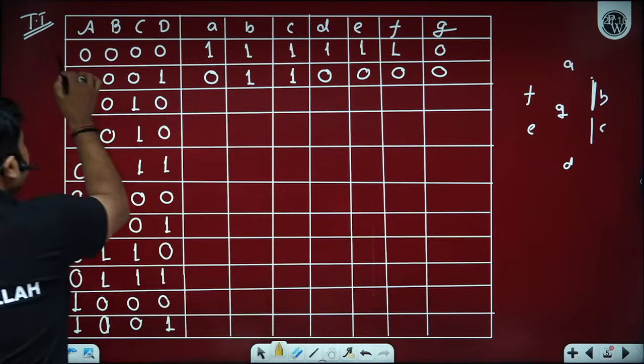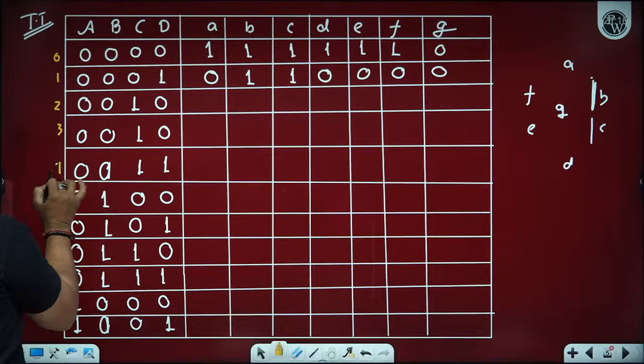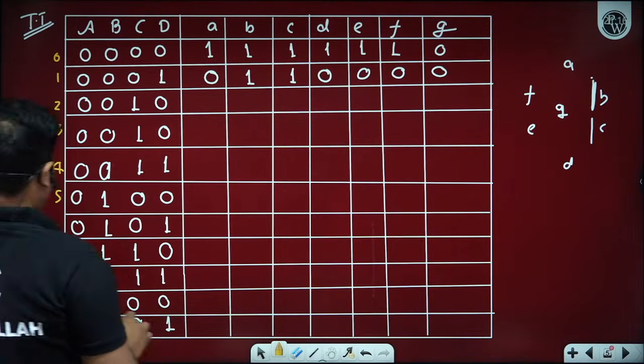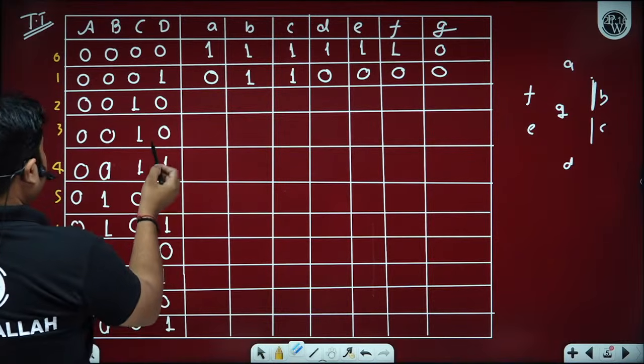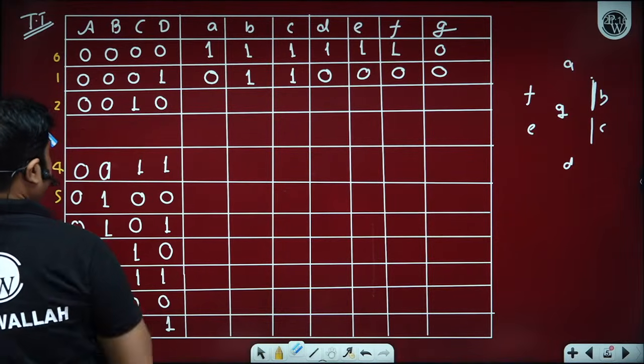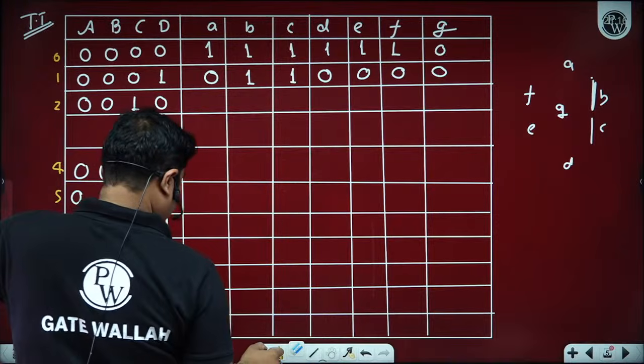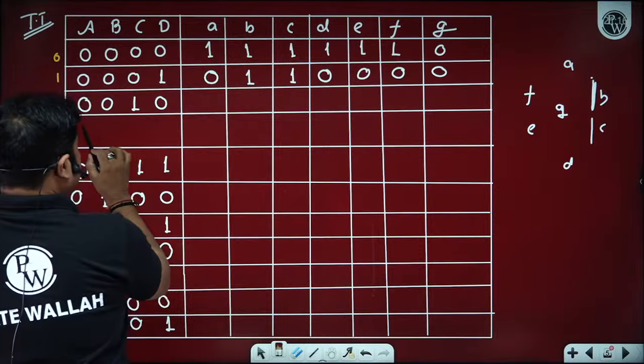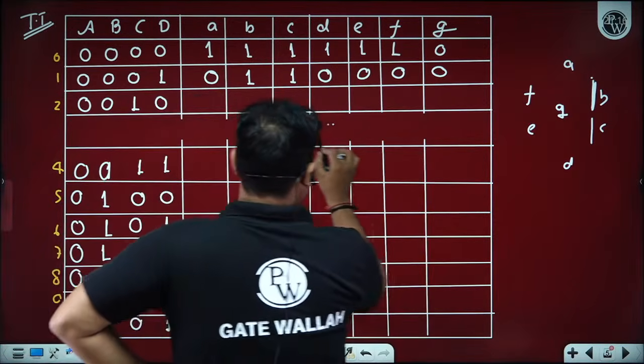Here we have the binary of 0, 1, 2, 3, 4, 5, 6, 7, 8, okay, this I have repeated. So leave this space because it got repeated.